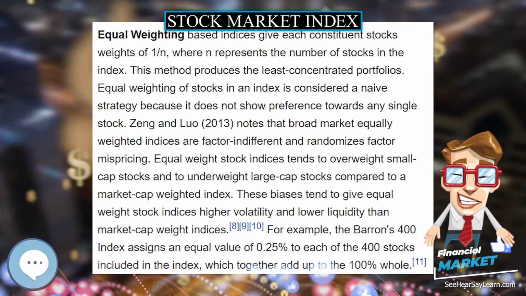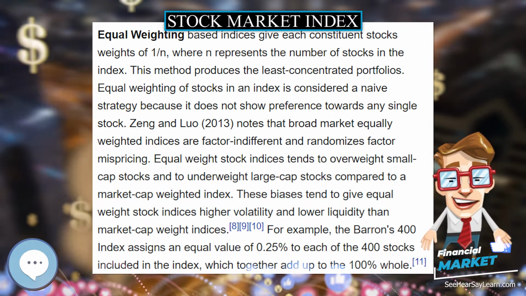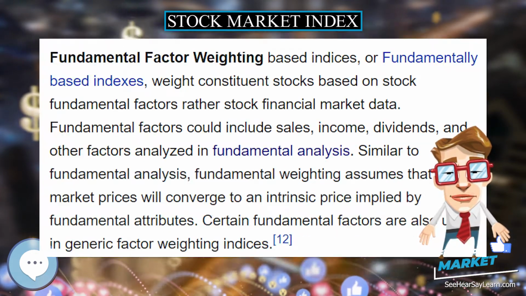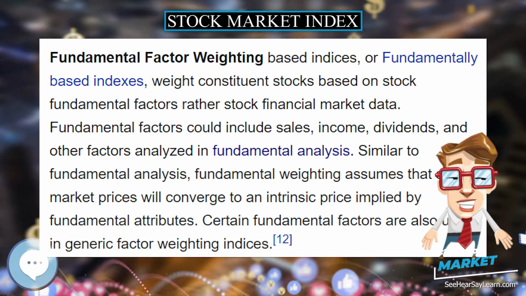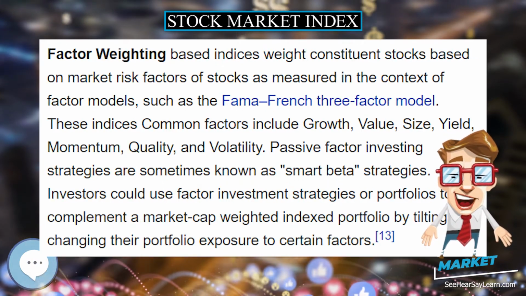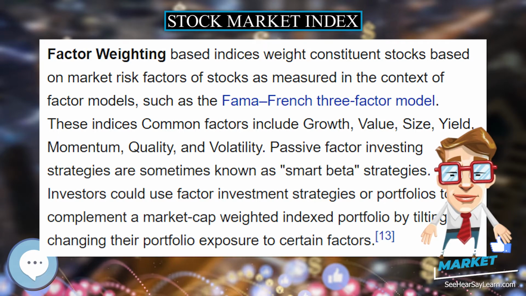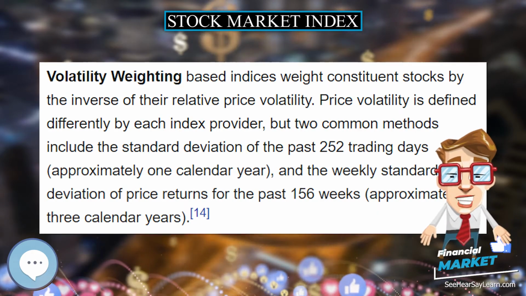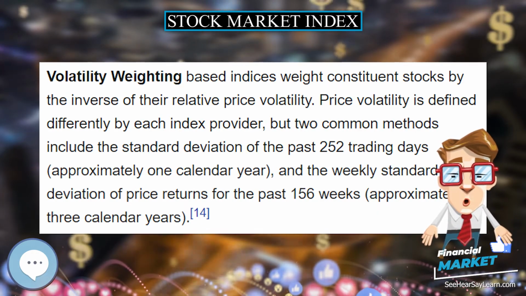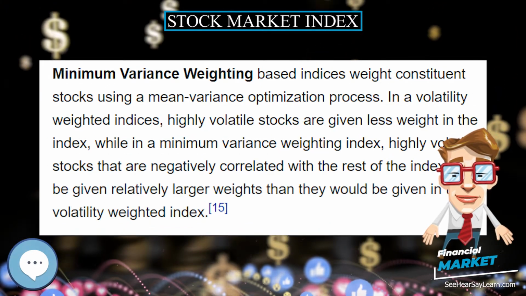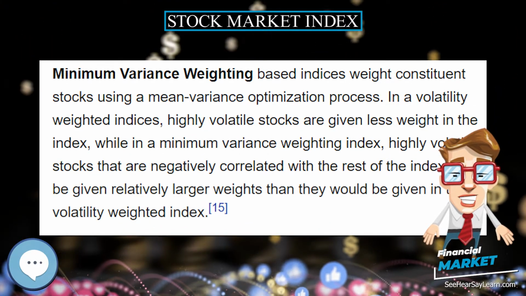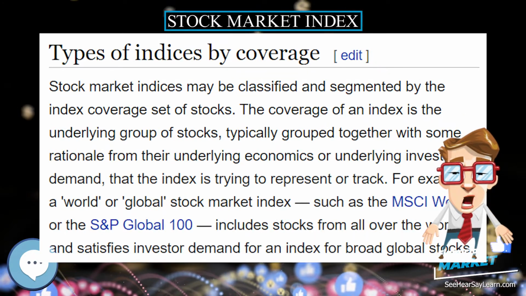Price weighting-based indices weight constituent stocks by their price per share divided by the sum of all share prices in the index. A price-weighted index can be thought of as a portfolio with one share of each constituent stock. However, a stock split for any constituent stock of the index would cause the weight in the index of the stock that split to decrease, even in the absence of any meaningful change in the fundamentals of that stock.